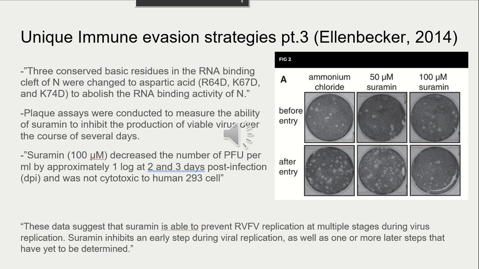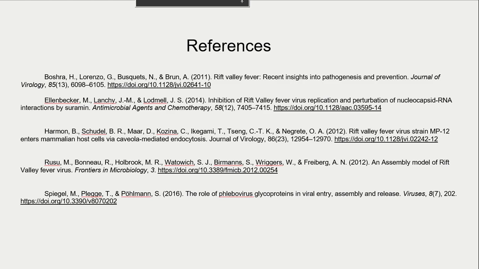These data suggest that Suramin is able to prevent Rift Valley fever replication at multiple stages during virus replication. Suramin inhibits an early step during viral replication as well as one or more later steps that have yet to be determined. These are my references, and thank you for listening.